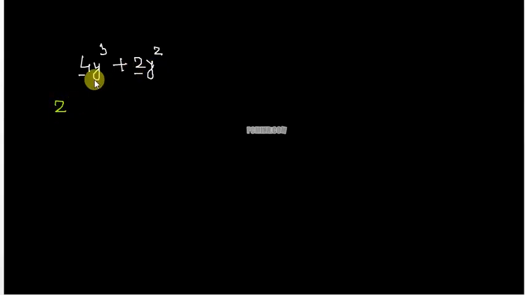But there is one more thing. Y cube is equal to y square into y, right? So that means this also has y square common. So what I'm left with inside the bracket is just 2y plus 1.